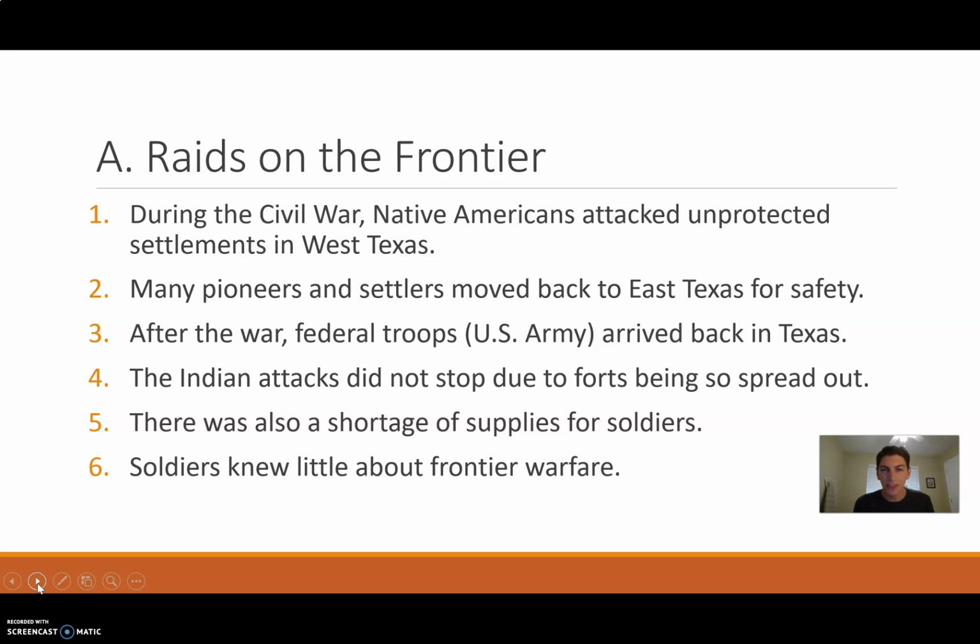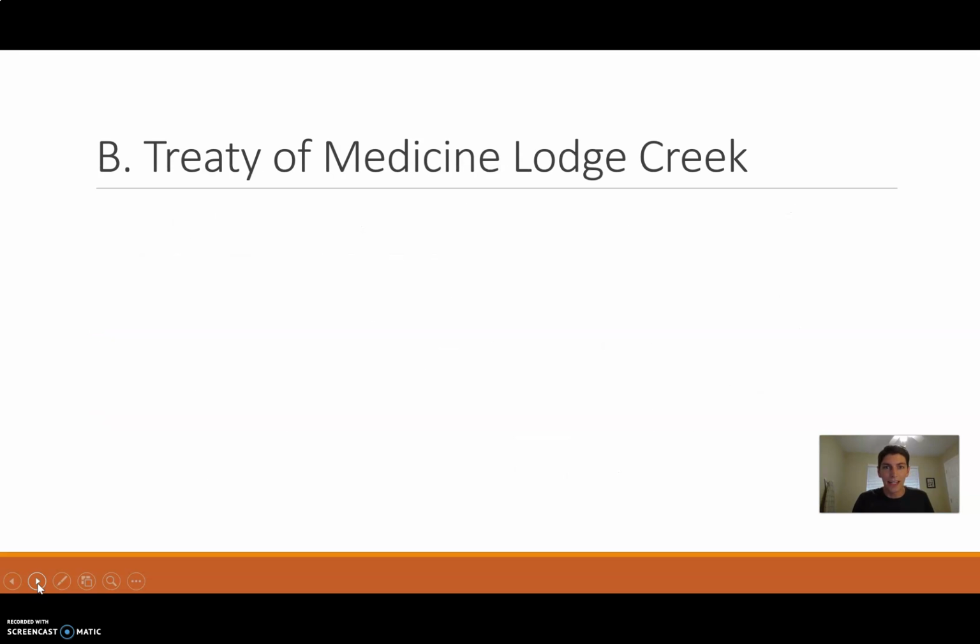They would set houses and barns on fire and then escape back to their villages. And a lot of these Indians were nomadic. They were constantly on the move. So it was very difficult to stop the Native Americans from attacking these settlements out in West Texas.